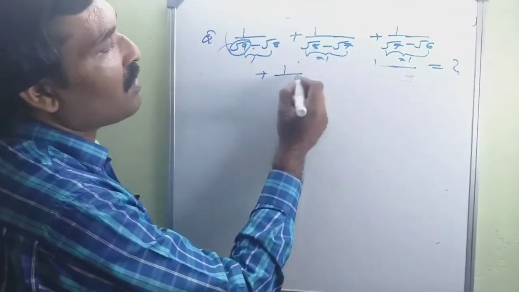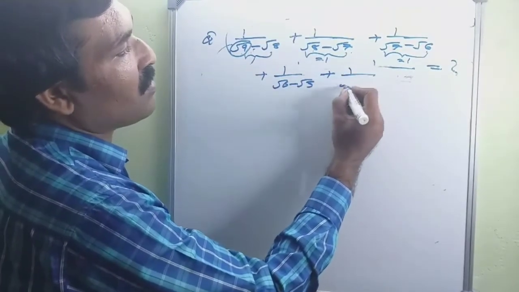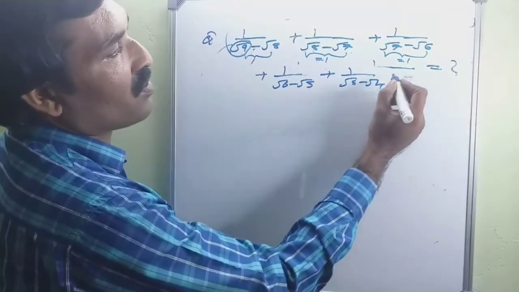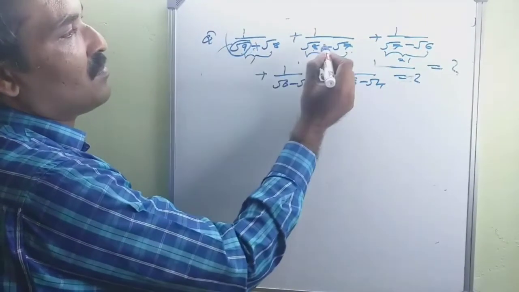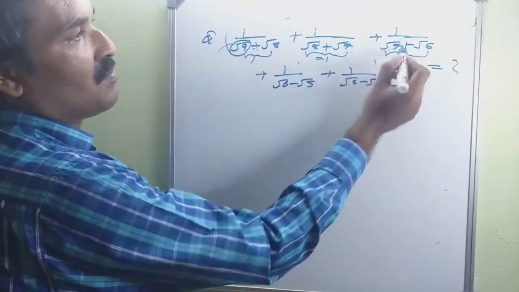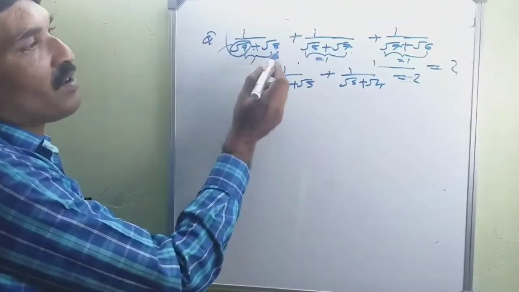Plus 1 by root 6 minus root 5 plus 1 by root 5 minus root 4 is the question. Here it is plus, plus, plus, making plus and plus. Again the difference is 1 each time.